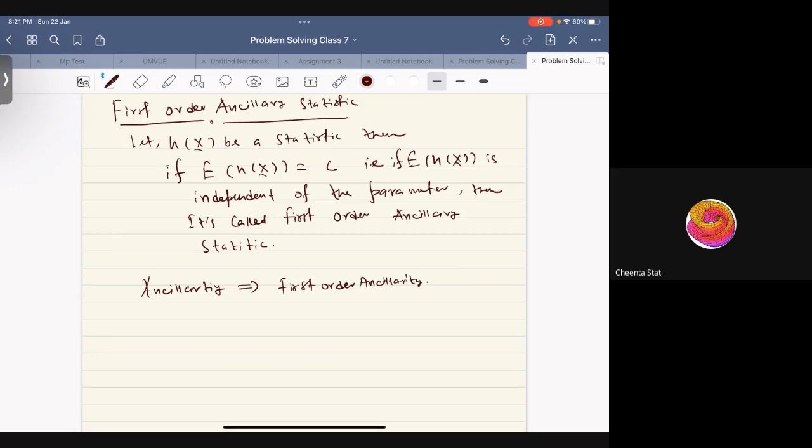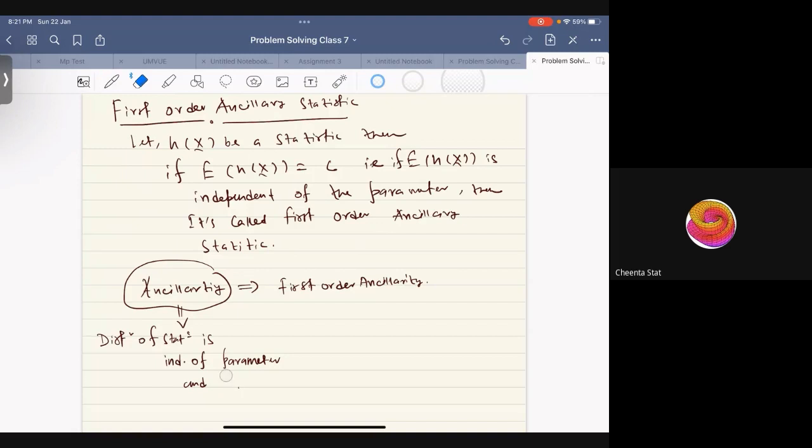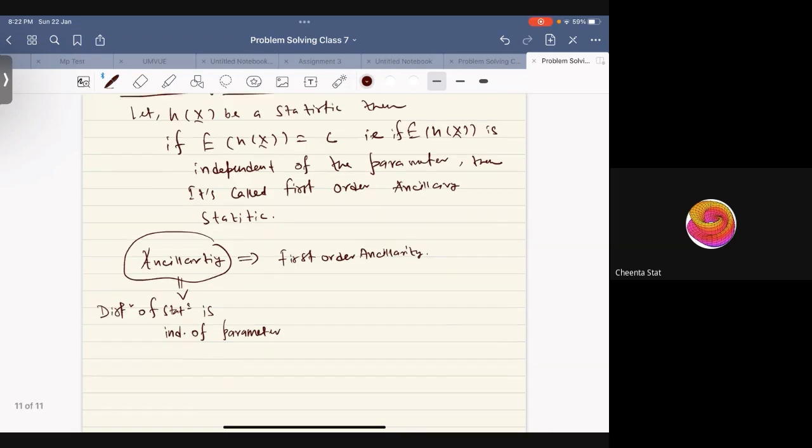Ancillarity means that the distribution of the statistic is independent of the parameter, and obviously if the distribution is independent of theta, you know the expectation is also independent of theta, so it implies first order ancillarity, but the converse may not be true, right?